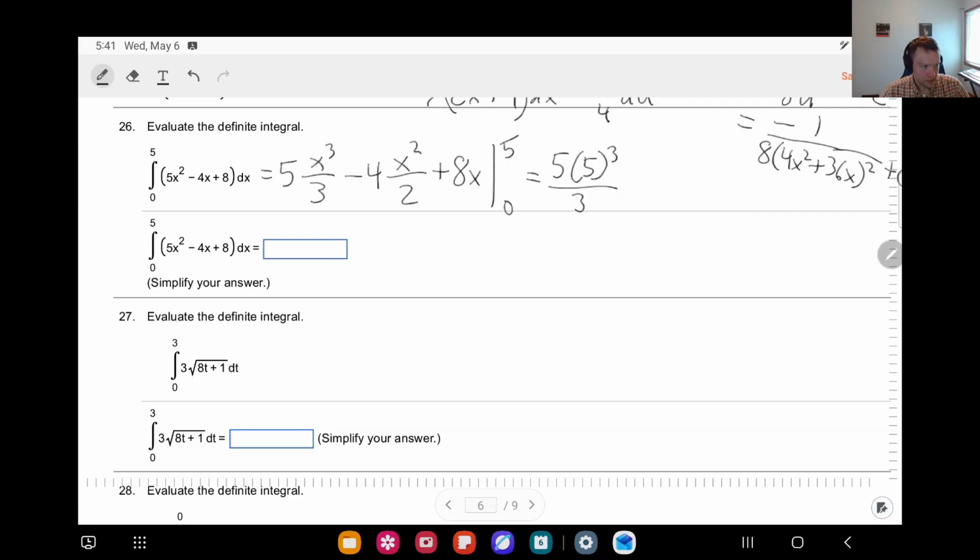Over 3. Oh, yeah, it looks like it is going to be kind of a rough answer here. Okay, so here, these cancel a bit to 2x squared, or that's minus 2, 5 squared, plus 8 times 5.